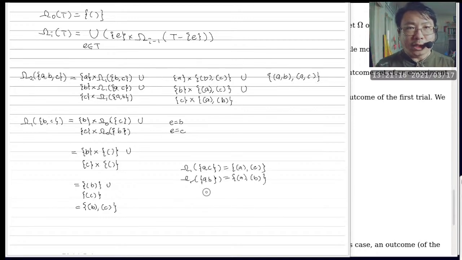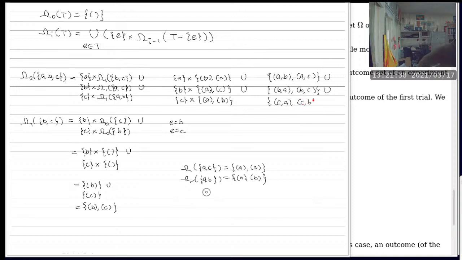But since we're flattening nested tuples, we only end up with AB and AC in this case. That is going to be unioned with BA, BC as tuples, and that's going to be unioned with CA and CB as 2-tuples.